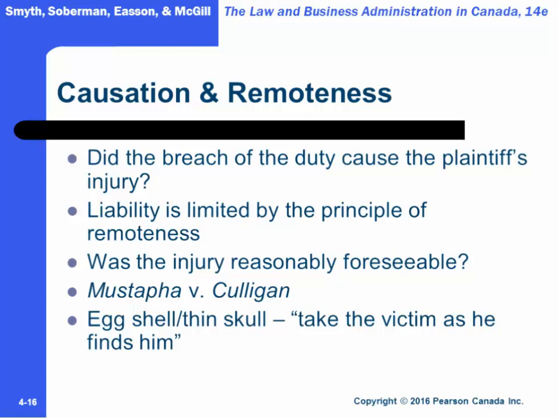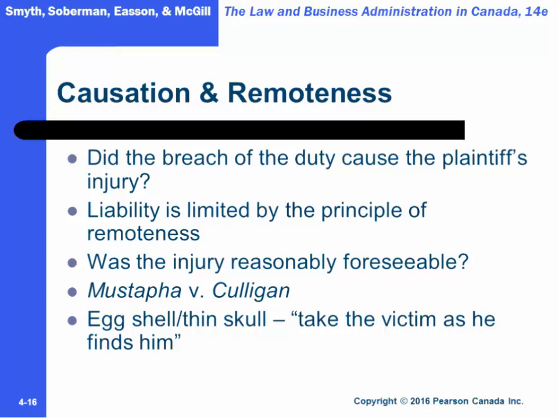I want to move on to remoteness of damage, and I will continue the lecture today until we complete the discussion of remoteness of damage near the bottom of page 87, and then I will finish for the day. So we've got about 4 minutes or so, or 5 minutes to get there.